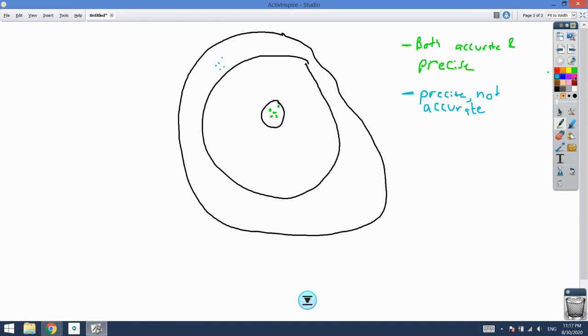How about we go to this magenta, and we'll go 1, 2, 3, 4, 5. So what can we say about that? With that, we know that they are close to the target, but not really close to each other. So these are going to be accurate, but not precise.